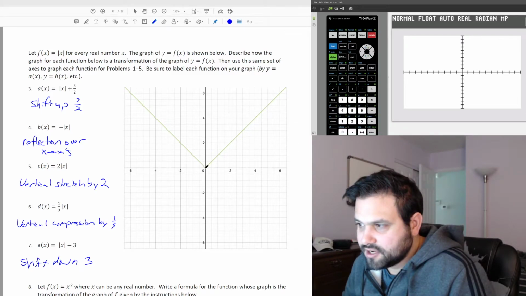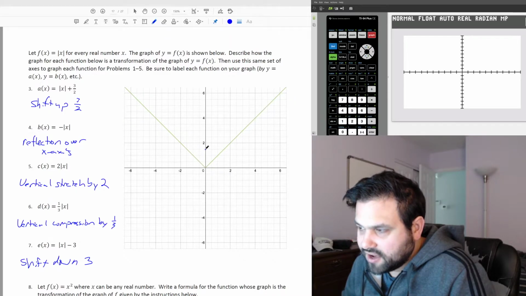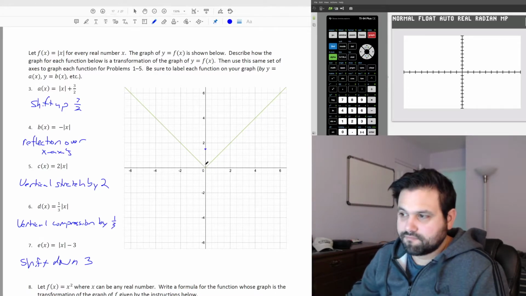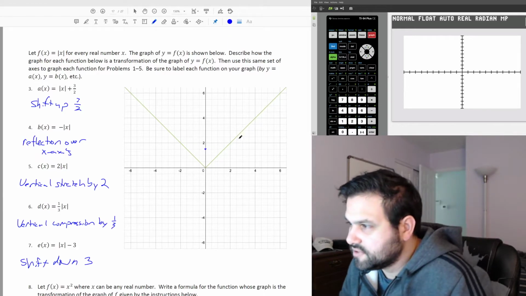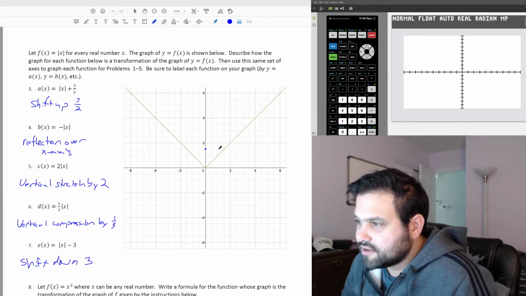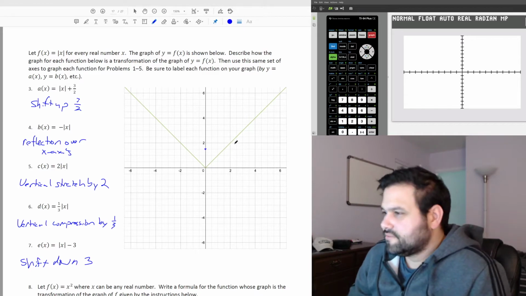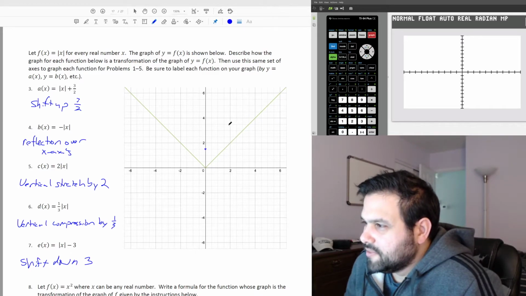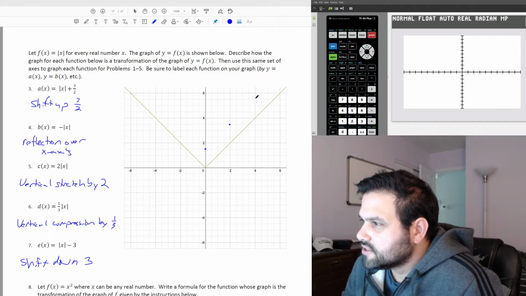So I'm going to take this point and it's going to go up to 1.5. Each of these boxes are halves. I'm going to take maybe the major points and shift them all up 1.5 units.